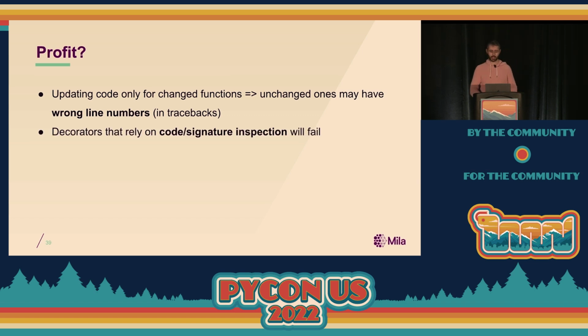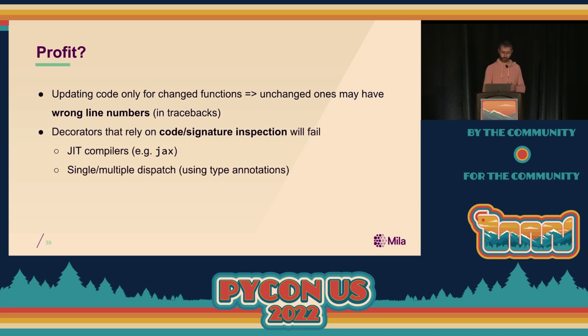Another issue is that complex decorators that rely on code inspection or code signature inspection will fail. So what I'm thinking of in this case are just-in-time compilers, for example, JAX. I'm also thinking about single or multiple dispatch libraries that use, for example, type annotations to do the dispatch.